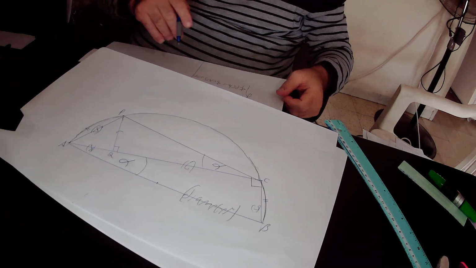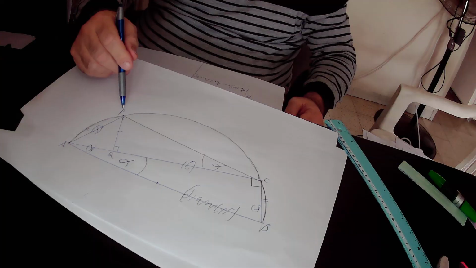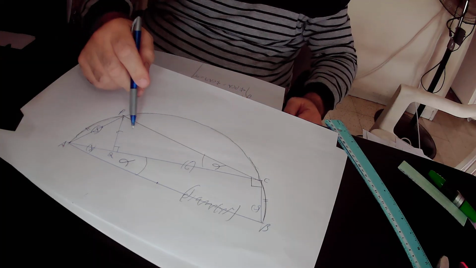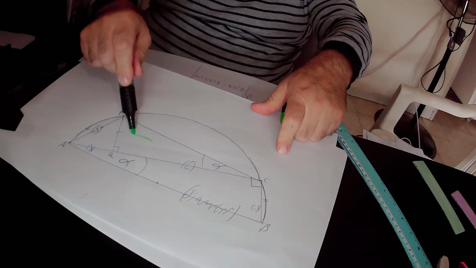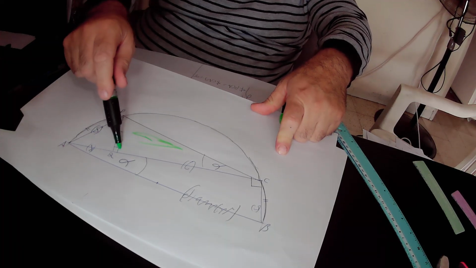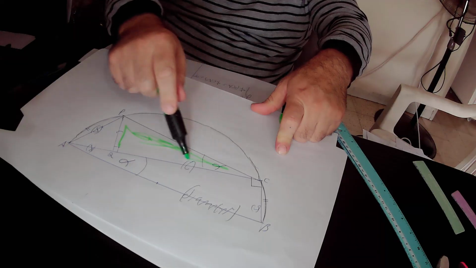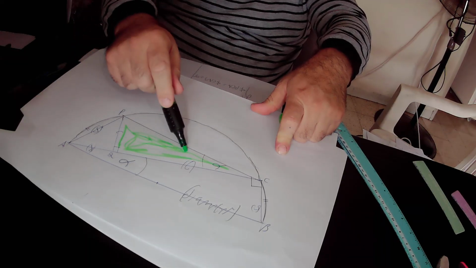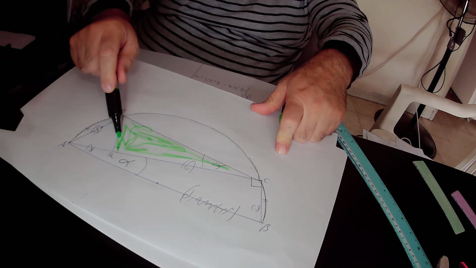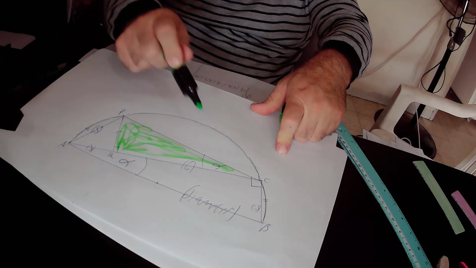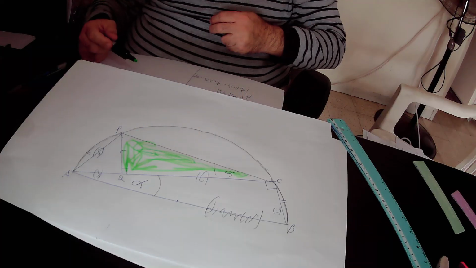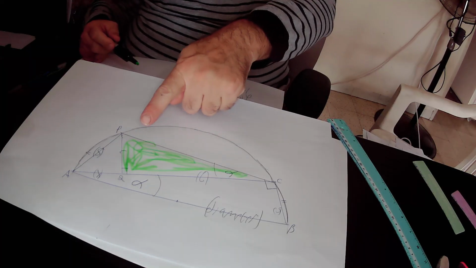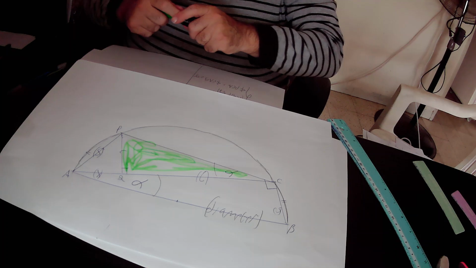So in this right triangle PQC, this angle equals to alpha, this angle equals to 90 degrees, and therefore this third missing angle must be equal to 90 degrees minus alpha.